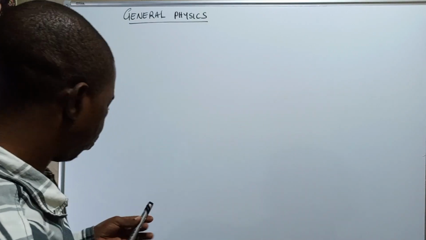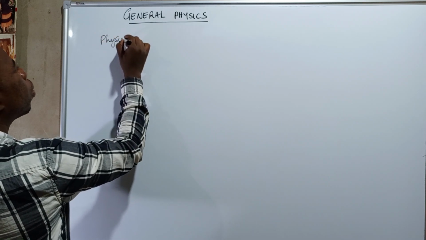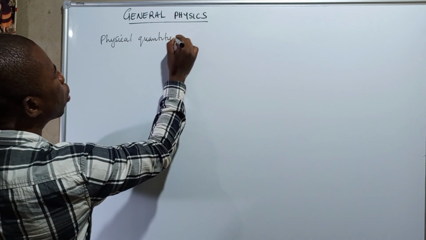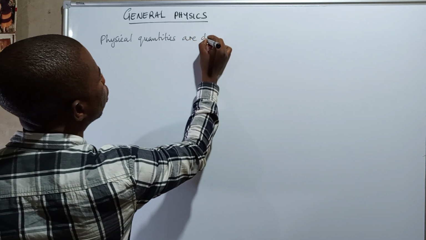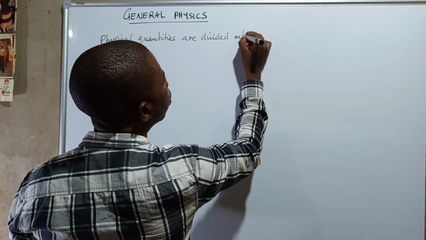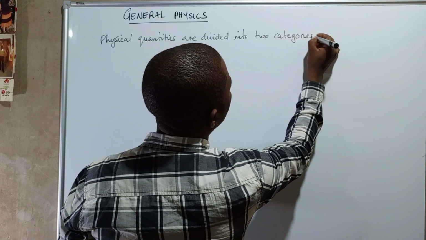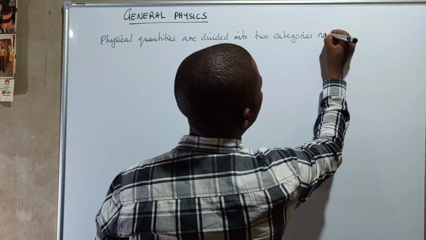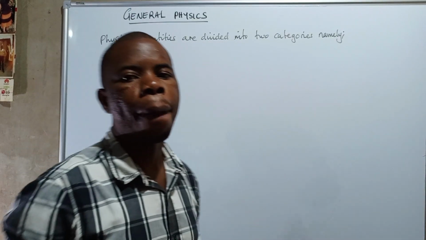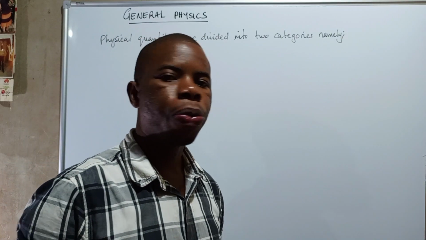So we are saying physical quantities are divided into two categories, namely, we have those that we call basic quantities or base quantities, and those we call derived quantities.